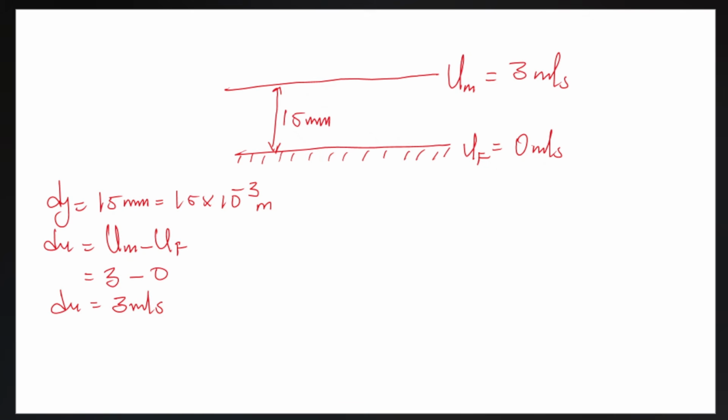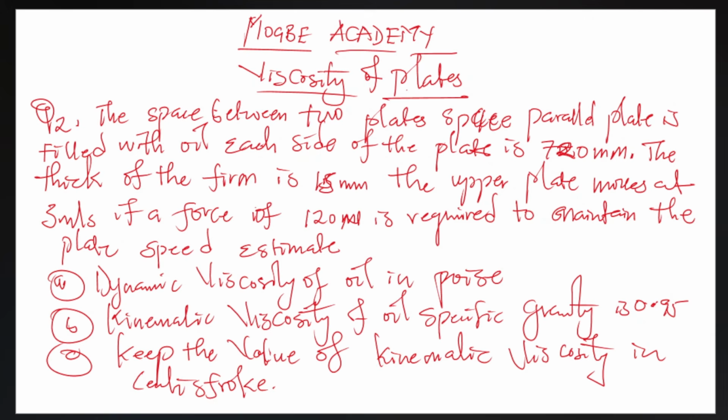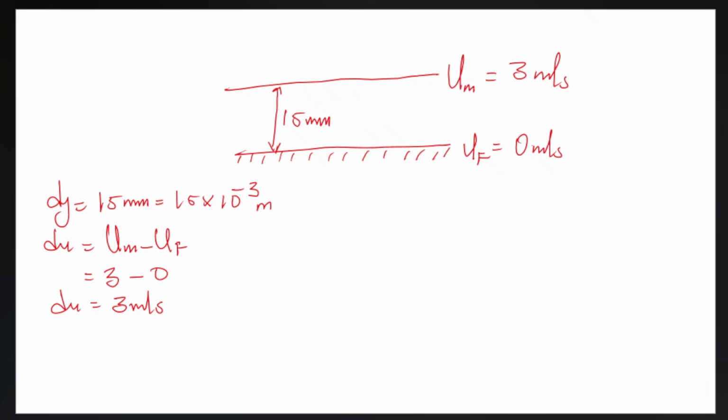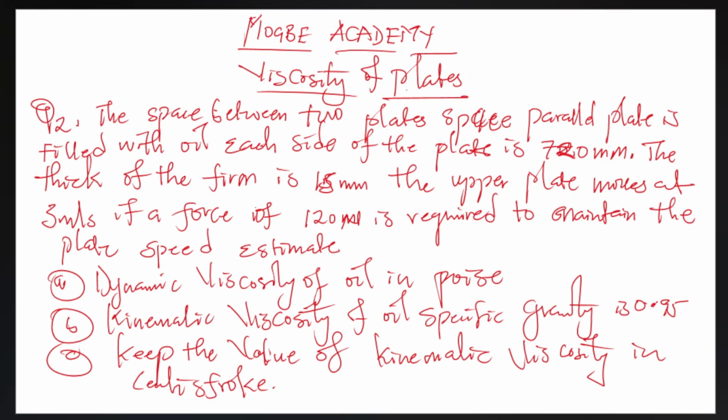Are we together? Now the next thing from our question, we were given force, and we said the force here is 120. Here you input your force in your data sheet, which is 120 Newton. What are we given again? We are given that the area of each plate is 720 millimeter by 720 millimeter.